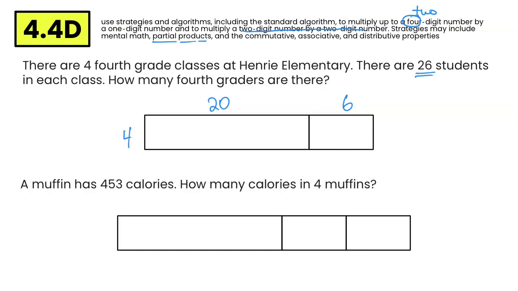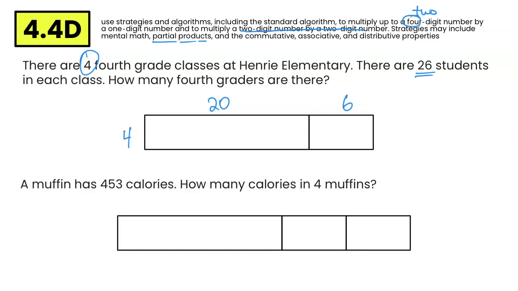I'm then going to come over here and get a 4 because there are 4 4th grade classes at Henry Elementary. And again, we want to talk to students about the problem-solving method of determining which operation we're going to use for this particular problem. Then we just start multiplying, again, using those skills that we learned on Monday of multiplying by a multiple of 10.